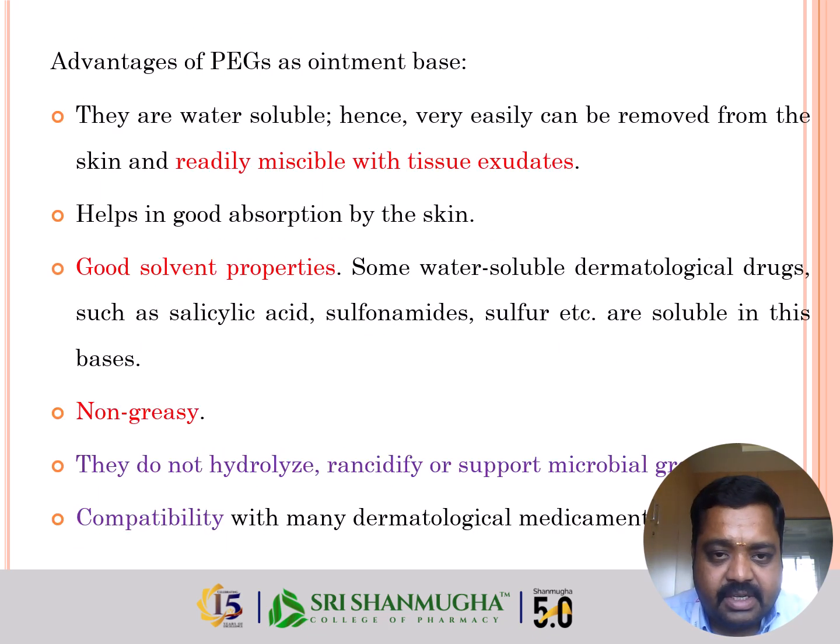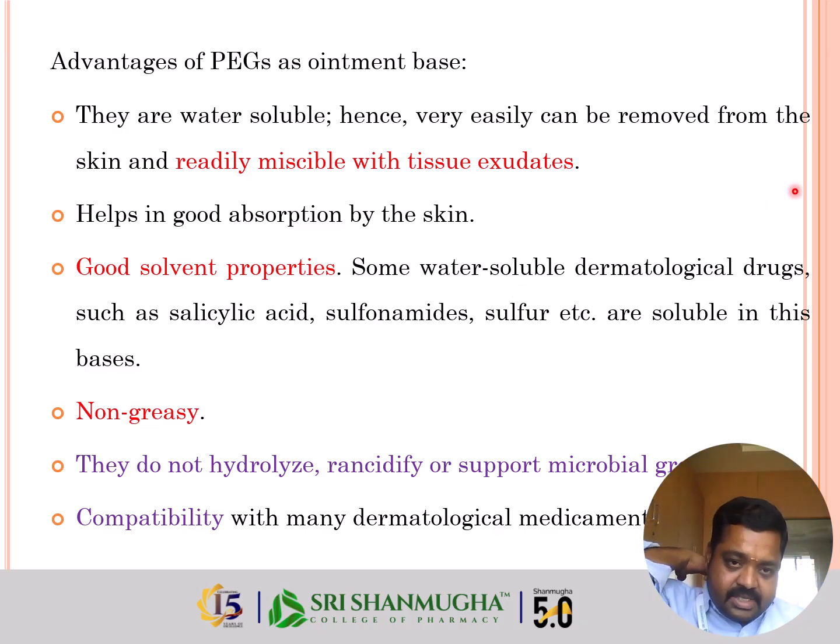Advantages of using PEG as an ointment base: they are water soluble, hence very easily removed from the skin and readily mixable with tissue exudates, which helps in good absorption. They have good solvent property, are non-greasy, do not hydrolyze or rancidify, and do not support microbial contamination.